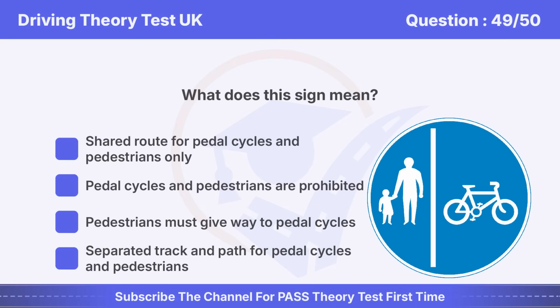Question 49. What does this sign mean? Option A. Shared route for pedal cycles and pedestrians only. B. Pedal cycles and pedestrians are prohibited. C. Pedestrians must give way to pedal cycles. D. Separated track and path for pedal cycles and pedestrians.